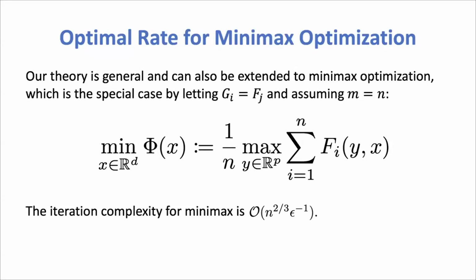For those who are very familiar with generative adversarial networks, you will find GANs are exactly under the minimax optimization scope. And we achieve the iteration complexity n^(2/3) epsilon^(-1), which is also optimal for minimax optimization.